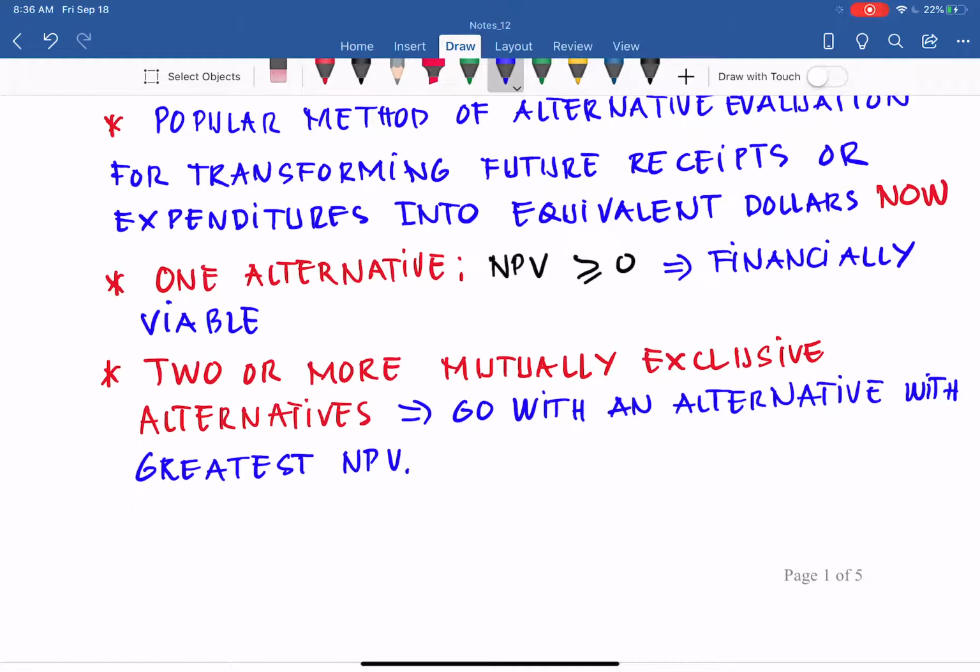If you have one lot, you can either build a restaurant or build a medical office. If you choose the medical office on that lot, then you cannot do the restaurant on that lot, and vice versa. So only one alternative has to be selected. That is mutually exclusive.